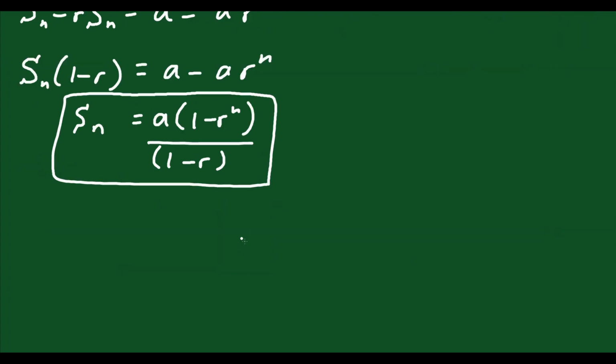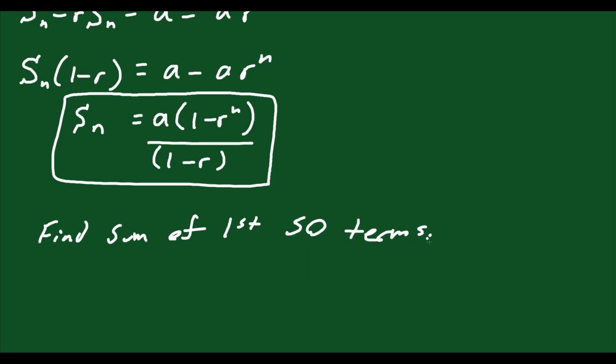Now, we can do an example of this, right, where we use this equation. I could say to find the sum of the first 50 terms, and the series I'm describing is going to be 1 plus 10 over 11 plus 100 over 121, and that keeps going. And if you ask yourself, what am I multiplying by each time? Well, I'm multiplying by 10 over 11, right?